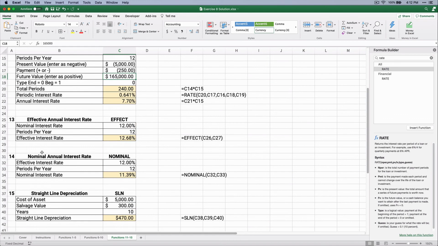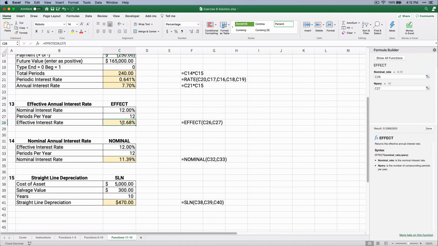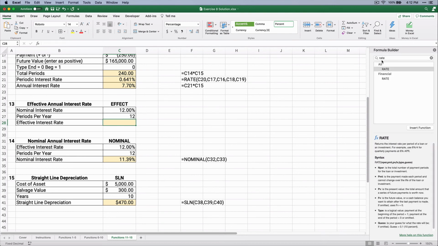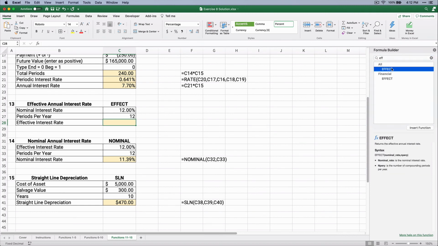These last three little financial functions are really quick. Let's say you have 12% compounded monthly. What is that in terms of an effective annual interest rate? That's called the EFFECT function. So let's search for EFFECT. All this does is convert a nominal rate, 12%, based on the number of periods, 12 periods per year, to an annual rate.